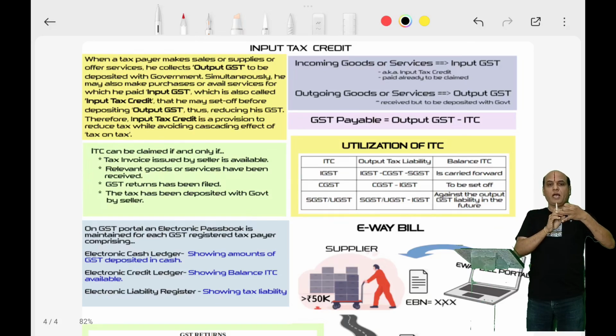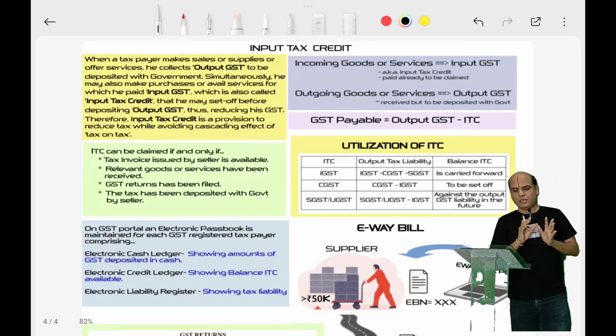Second, I should have received the goods and services. Third, I should have filed my GST returns. Fourth, the supplier who has collected tax on my behalf should have deposited that money in the bank account. Only then input tax credit can be claimed. Understood?